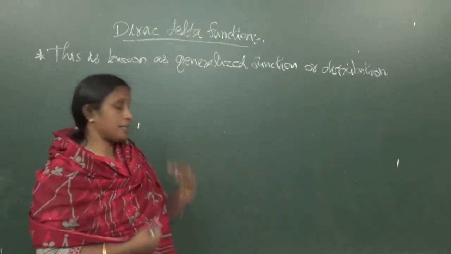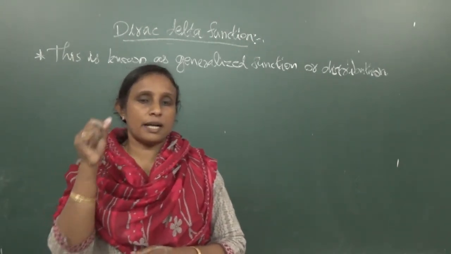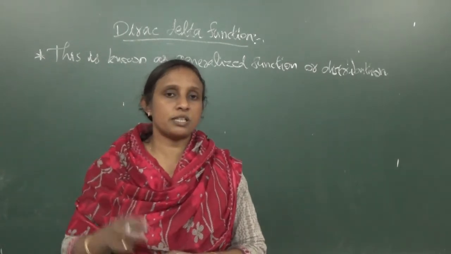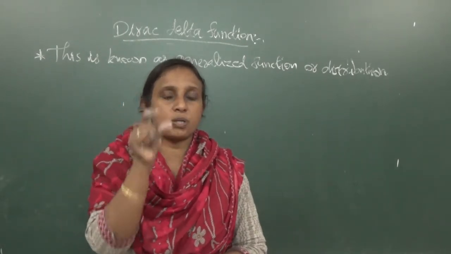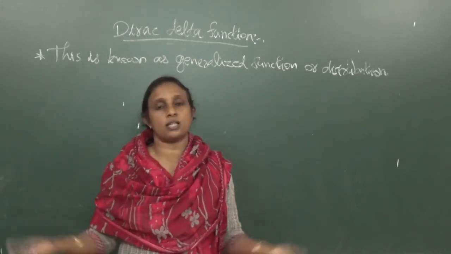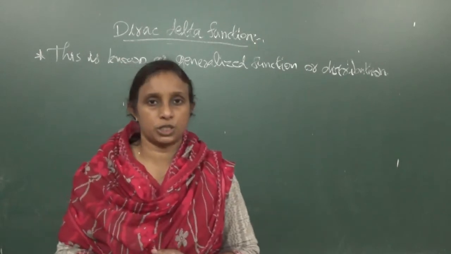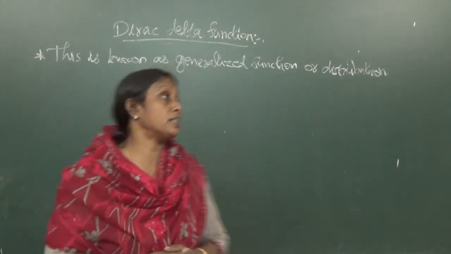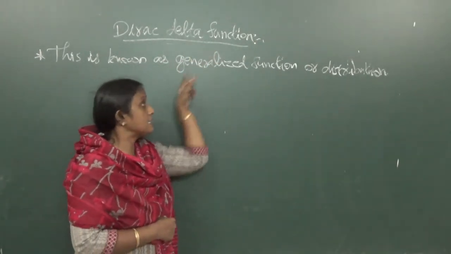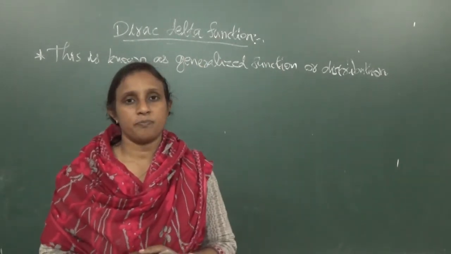So, in this context, the Dirac delta function is not an ordinary function because it has a high value at some particular point in space and it dies out very fast at all other points. In that sense, it is a particular type of function. So, mathematicians call this a generalized function or distribution.